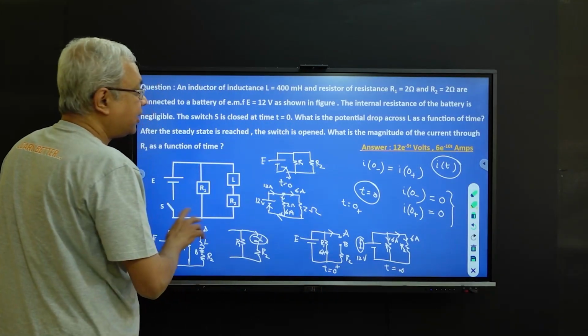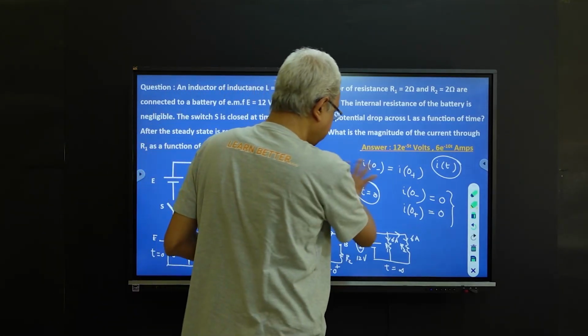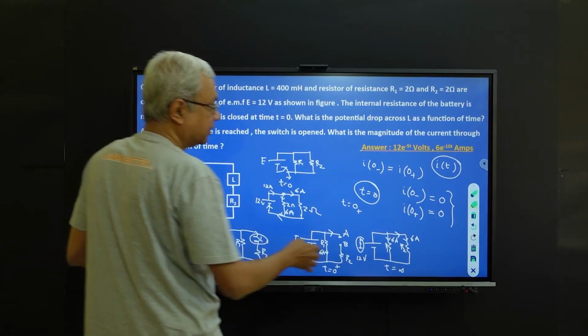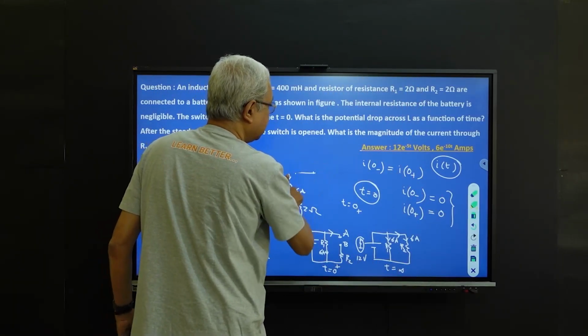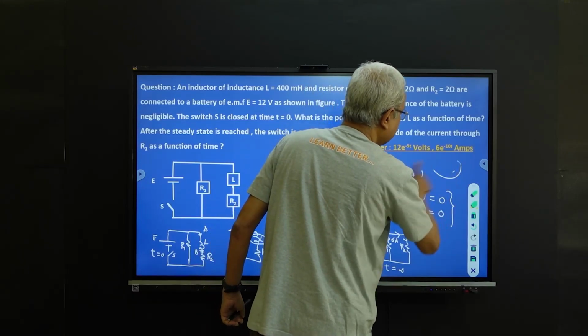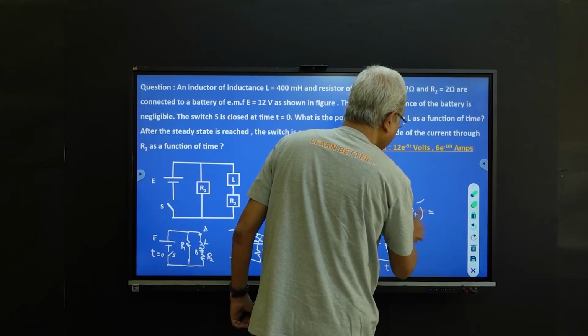Now let us analyze the circuit in a mathematical way. This was a qualitative discussion, you can say. Now let us discuss the behavior of the circuit in a mathematical manner. How can we do that?